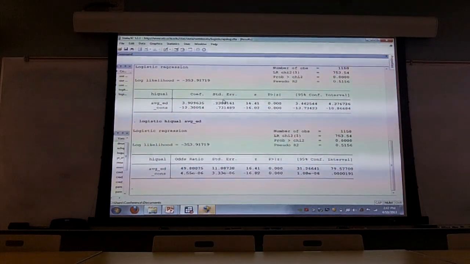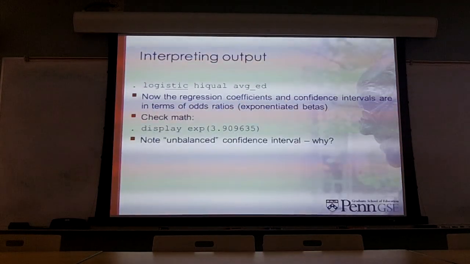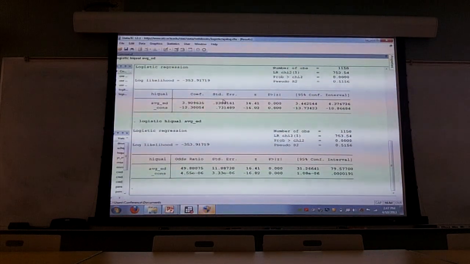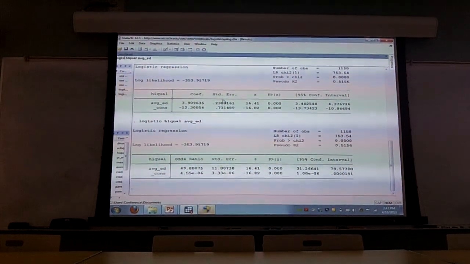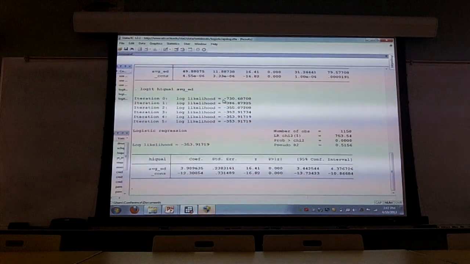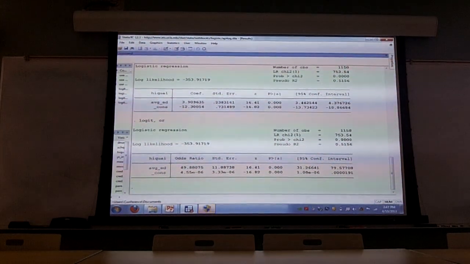Right? So by using the logistic command, do you get the same answers as if you did the logistic OR? Yeah. So if I do logit, and then do logit, comma, OR, I get the same thing.